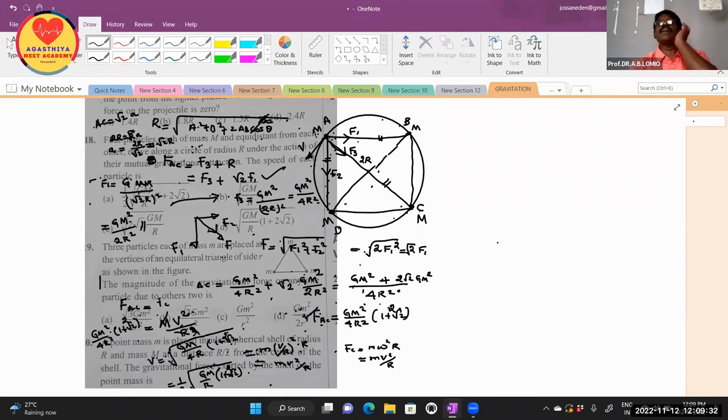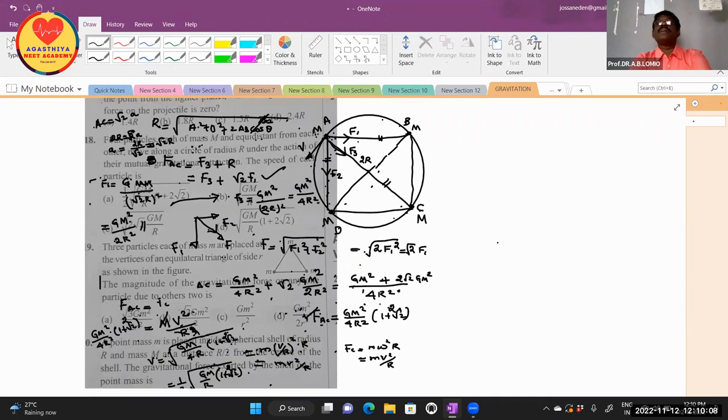F3 is at an angle of 45 degrees from F1 and F2, so the resultant of F1 and F2 will be along F3. To find the resultant of F1 and F2, we use the law of parallelogram of forces, with the formula R equal to root of A squared plus B squared plus 2AB cos theta. Here the angle between F1 and F2 is 90 degrees, cos 90 is 0, so the formula becomes root of A squared plus B squared, which means root of F1 squared plus F2 squared.